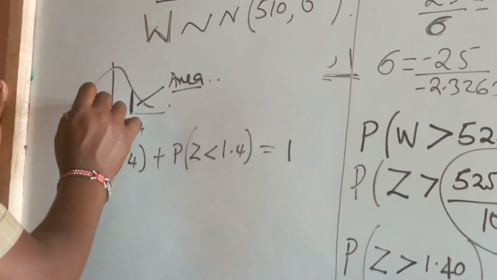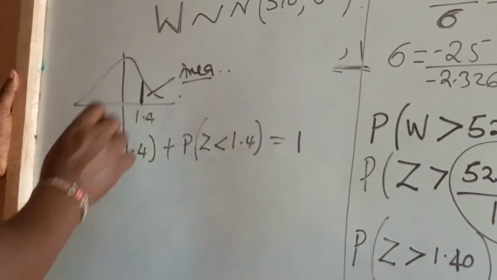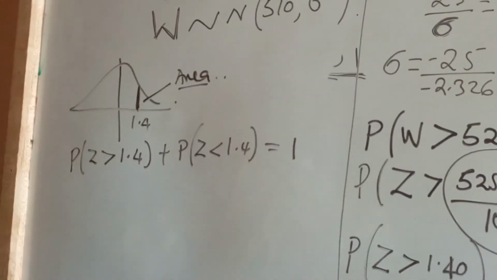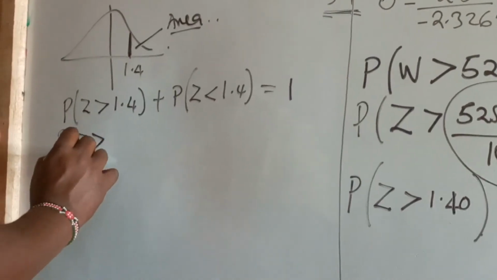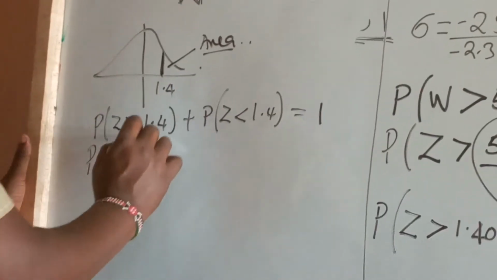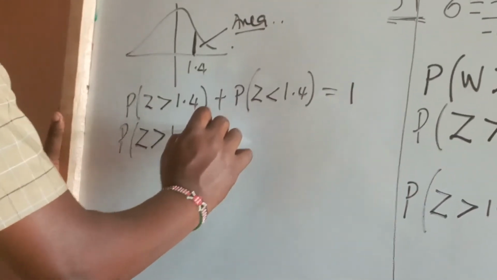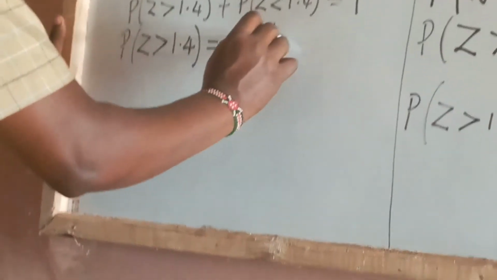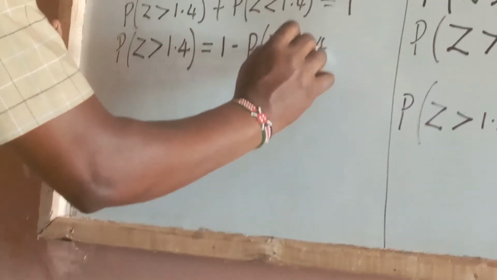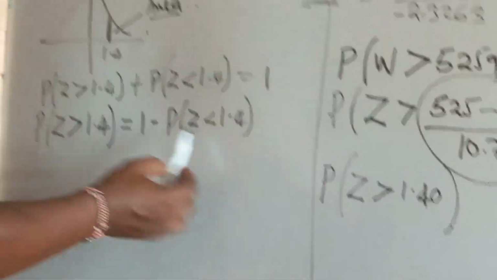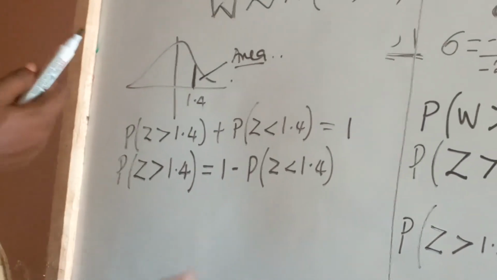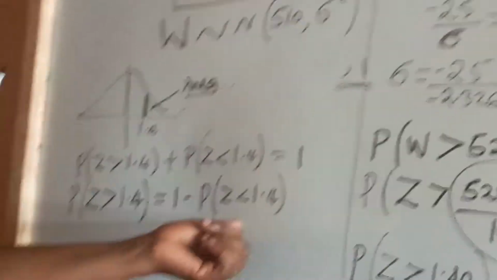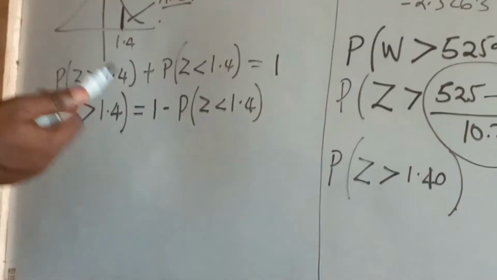This region plus this region is 1, and we want to get this region. So the probability of Z greater than 1.4 equals 1 minus the probability of Z less than 1.4. The reason we use less than is so that we can go directly to the table, which gives us the probability when Z is less than 1.4.